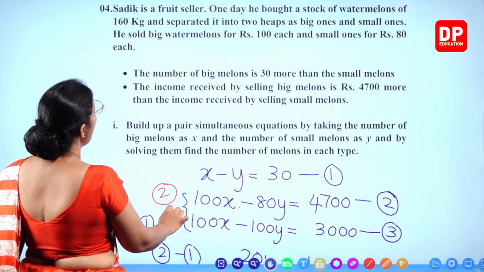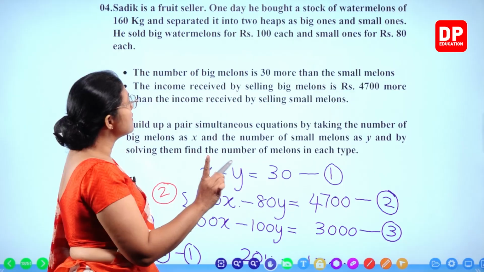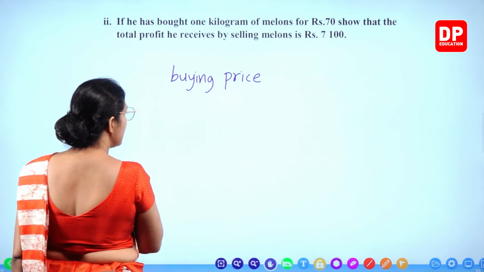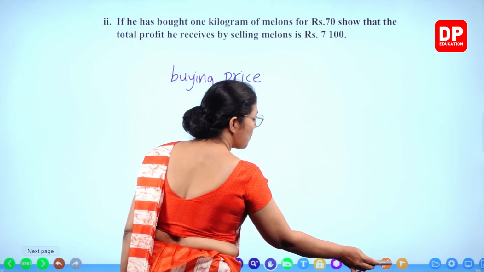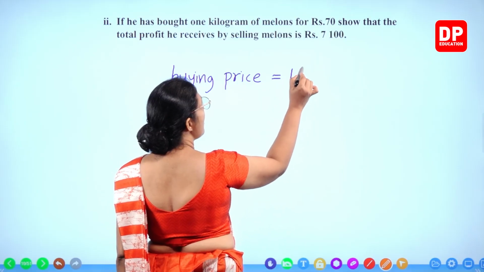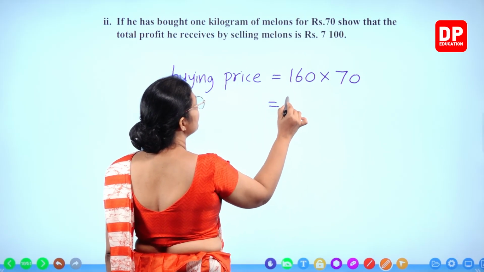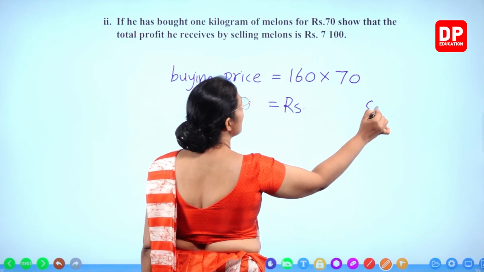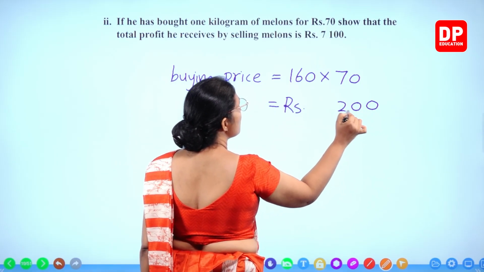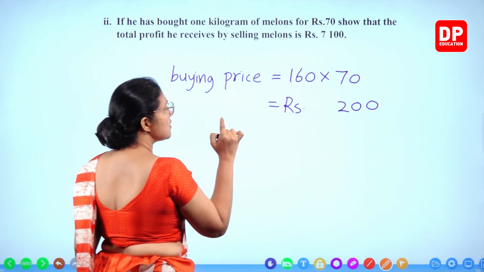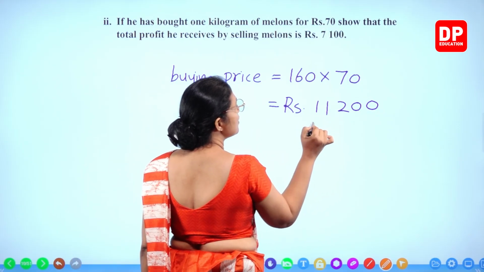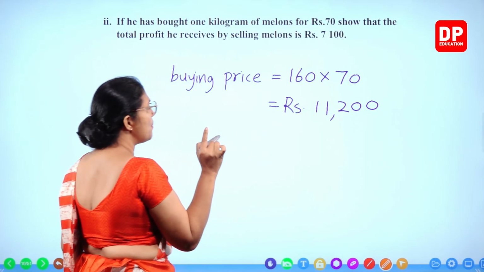It says 160 kilos of watermelons. So what is the buying price? 160 kilos, each one with 70. So 11,200 is the buying price.